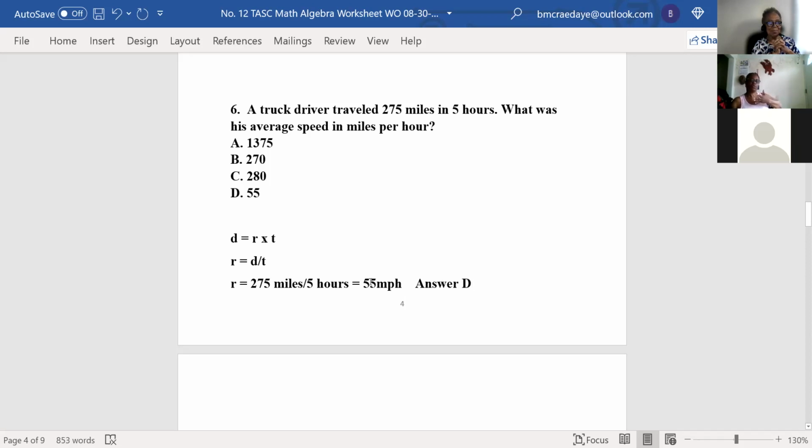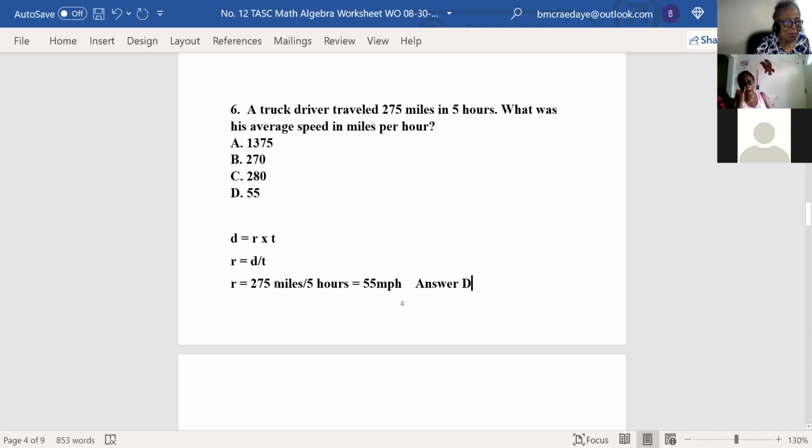Also, when you're doing this, you do distance equals rate times the time, right? And if you were finding rate, Vanessa, you divide both sides by T, right? So rate is distance divided by time.